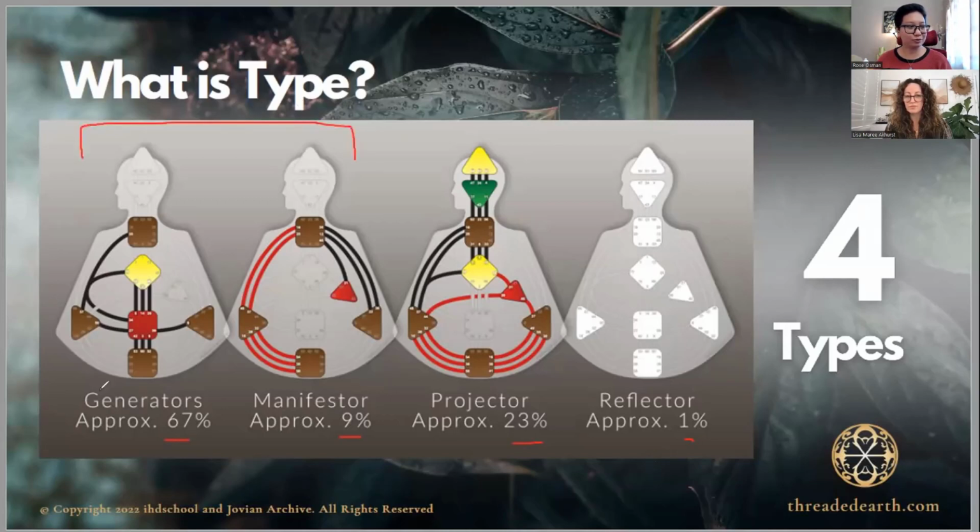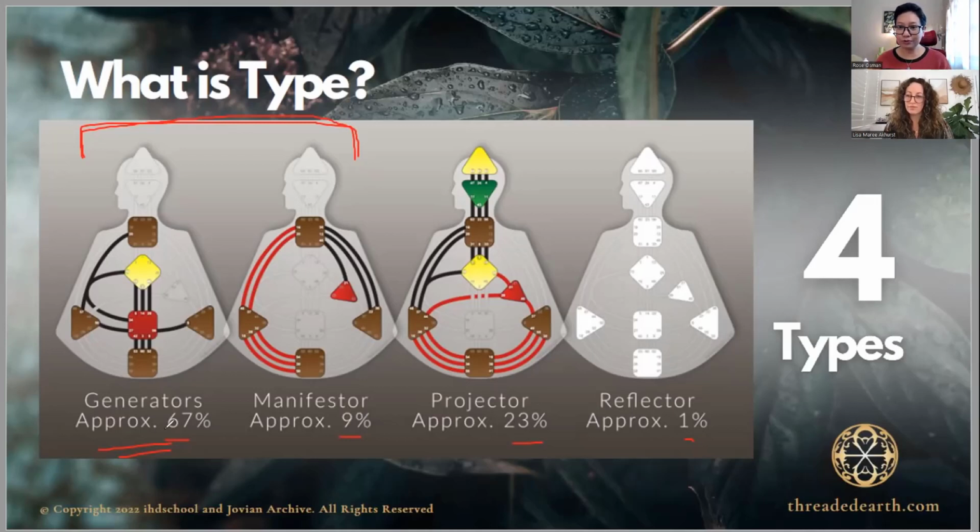So these 2 here that you can see, the generators and the manifestors, these two are categorized as energy types. They run the world. Definitely generators, they run the world. Without generators, we would not be able to build the world. So they are the builders.